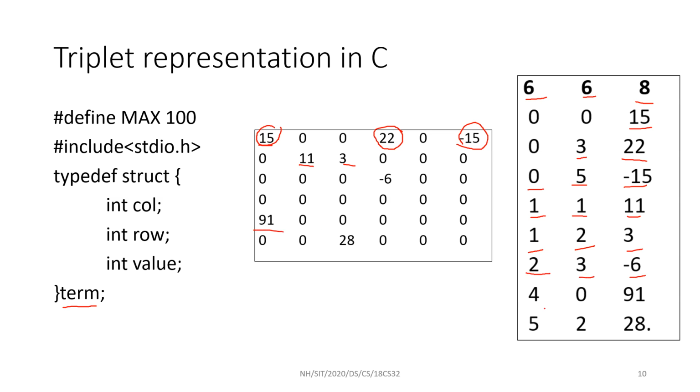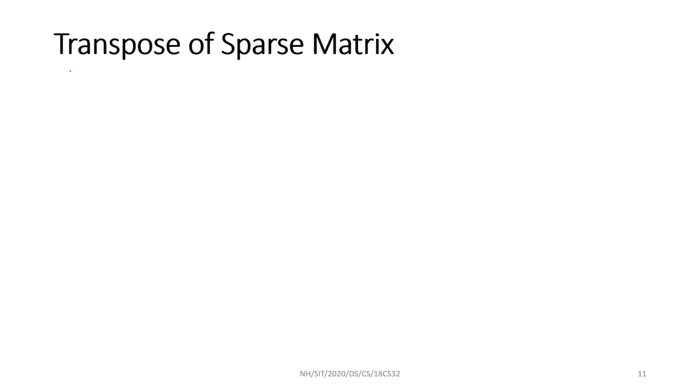Next is 91, in row 3. The fourth row's index is 4, column 0. The last non-zero value is in row number 5, column number 2, and the value is 28. This representation uses three pieces of information: row, column and value. That is the triplet representation.